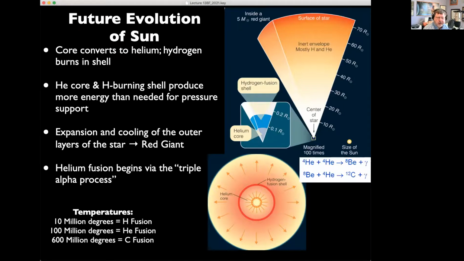So we've got the helium at the core, and this hydrogen fusion shell. Now, over time, this whole thing gets hotter. It gets hotter because the helium isn't doing anything, and it just compresses and compresses. And as it compresses, it gets hotter. I don't know what the temperature of the core is, but it's more than 10 million degrees. And when it reaches 100 million degrees, all heck breaks loose.